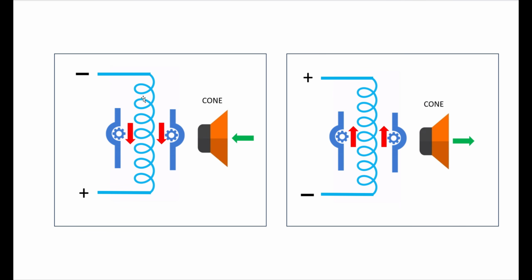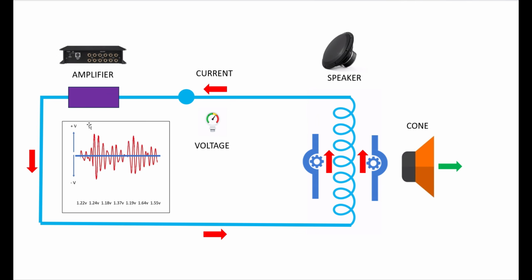The direction of current is flipping back and forth and pulling the cone in and out, and the strength with which it pulls the cone in and out, which relates to the loudness that you will hear, is determined by the size of the peaks, or the size of the voltage that is being applied at the time. And that's basically how a speaker makes music, right?